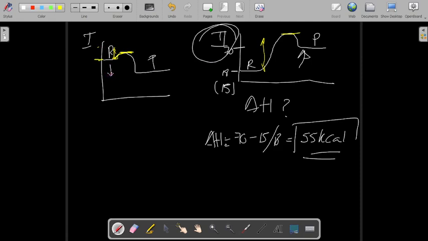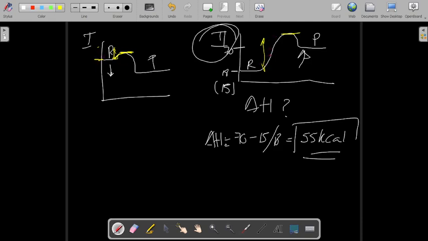So if you read here, once again, you're going to have to kind of guess. This is between, I don't know, 50, 75, maybe 90 and 100, so it's about 10 kilocalories.